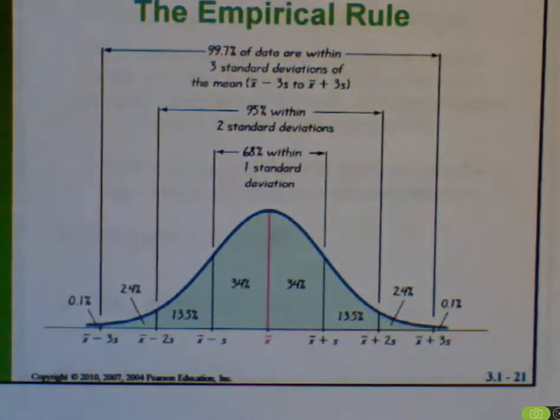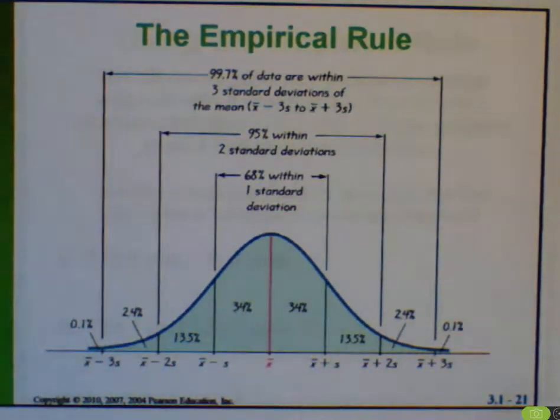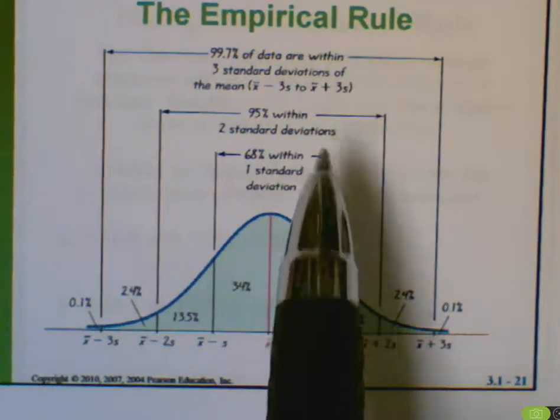And then the last part of the empirical rule says that 99.7% of the data lies within 3 standard deviations of the mean.